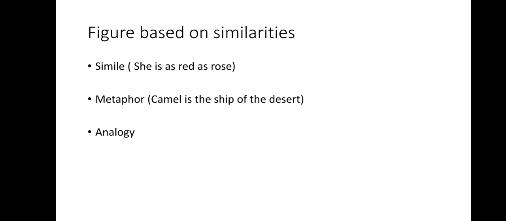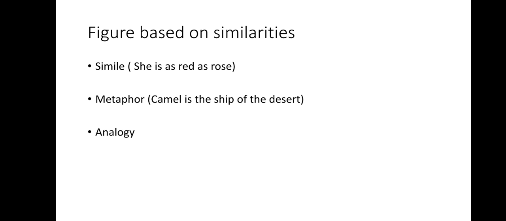Now, try to understand. She is not a rose, but the way she looks, it seems like she is like a flower. She is like a rose. So when we are comparing two persons, I am talking about one girl and I am talking about a flower.